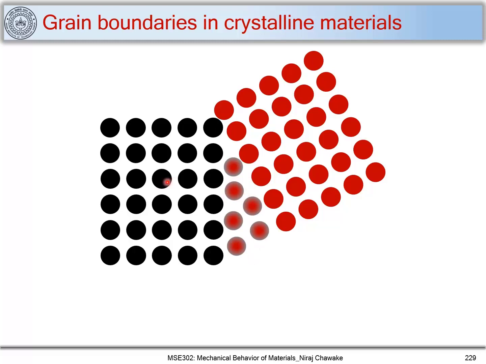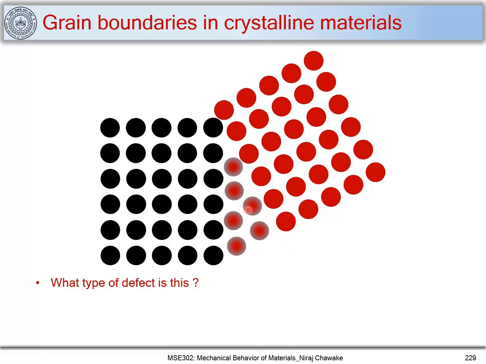The coordination number for these atoms and the coordination number of atoms inside the grain will be different at this location. So at grain boundaries, you will have more broken bonds. And thus this region, that is a mismatch region between these two grains, is called a grain boundary.